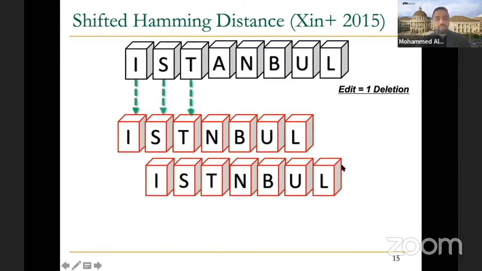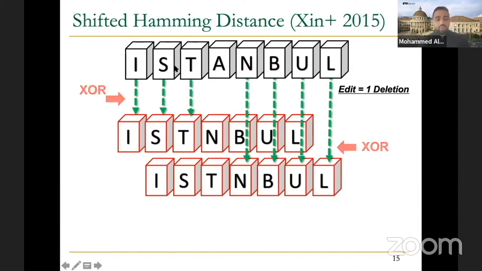And then let's do the comparison. When we compare this to this, how many matches did we get? We got 3. But when we compare to the second version, we got 4 matches. Remember, the IST in the second version are still mismatches, because they are not aligned with the IST from the first word. Now, we need to combine both results from both versions.